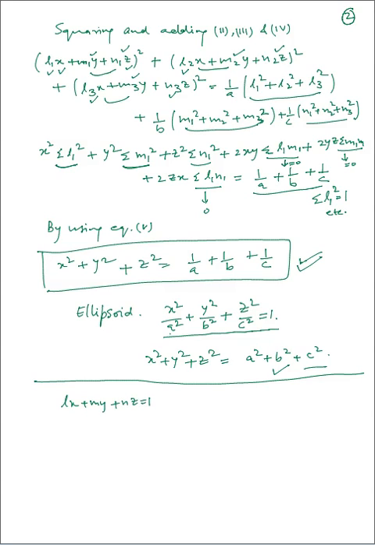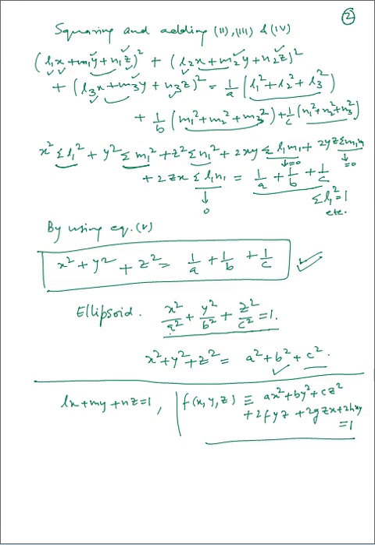This plane was given and it is touching the surface f(x,y,z) is equal to, this is ax square plus by square plus cz square plus 2fyz plus 2gzx plus 2hxy is equal to 1. So this was the surface which we can denote by equation 1.